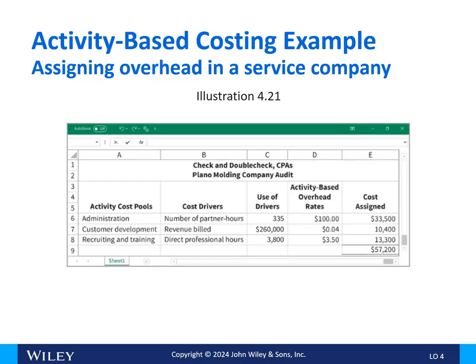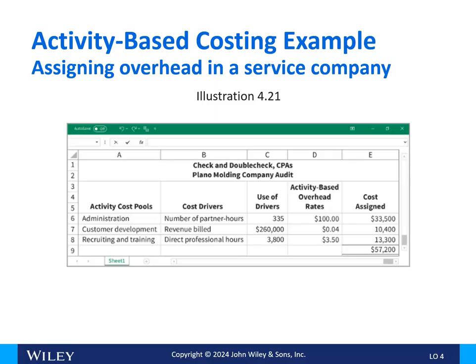So if we look at the Plano audit, for administration, we had 335 partner hours at $100 per hour, so $33,500 cost assigned. We billed $260,000 at 4 cents per dollar billed.